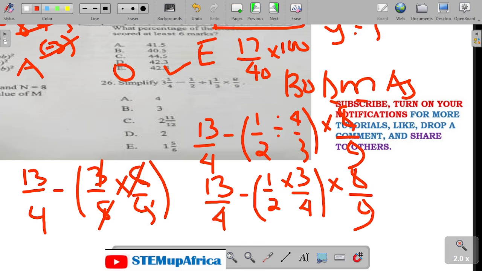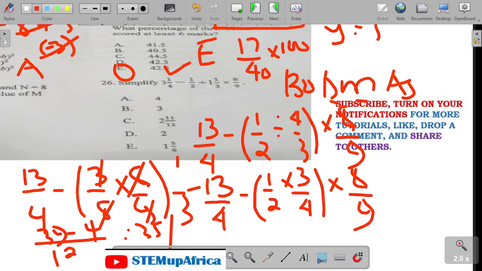So just go with this, I'm left with 1 over 3. So my LCM is what? It is 12. So with the LCM 12, here will give me 39 minus 4, which is 35 over 12, which is C. 26 is C.